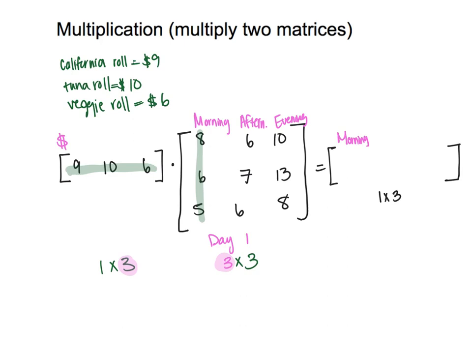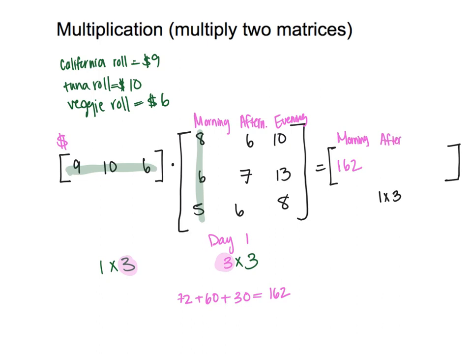So I'm doing 9 times 8, which is 72, plus, remember we add after, 10 times 6, which is 60, plus 6 times 5, which is 30. So if I add all these numbers together, let me grab a calculator. I get 162. So it looks like I made $162 in the morning. Now what I'm going to do is figure out how much I made in the afternoon.